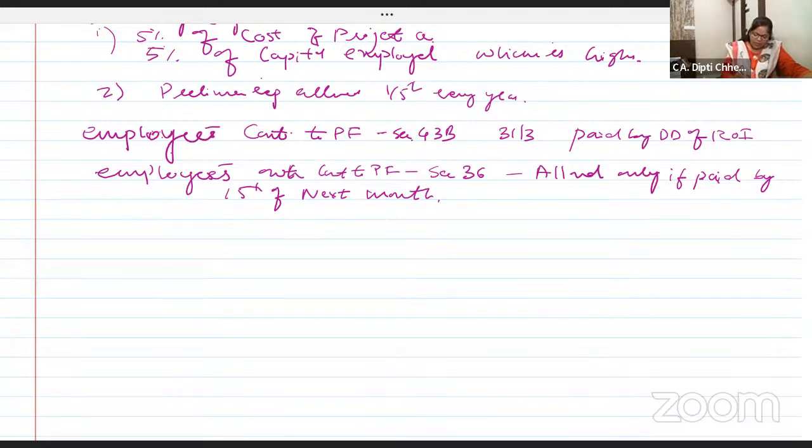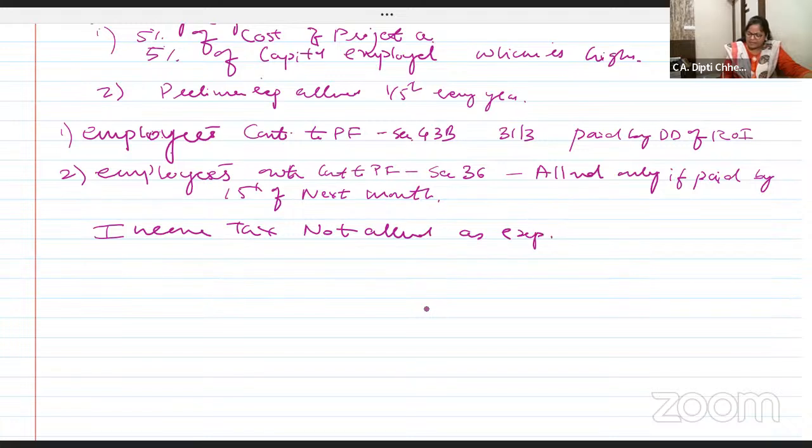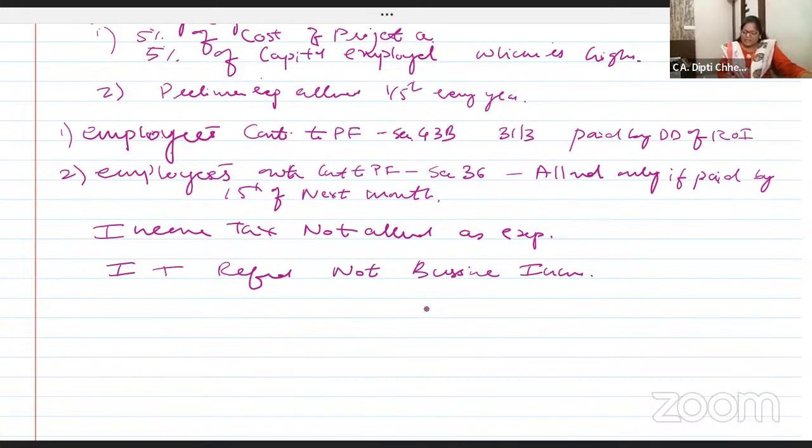Okay? One note written. Yes. Why am I making you write these notes? Because these are like questions repeatedly asked. Now, income tax. Write down. Income tax not allowed as expense. Income tax refund not business income. The income tax refund that comes, it is not a business income.